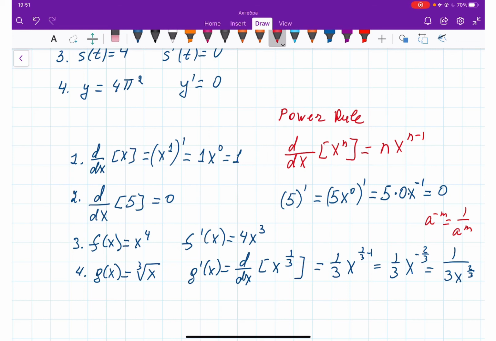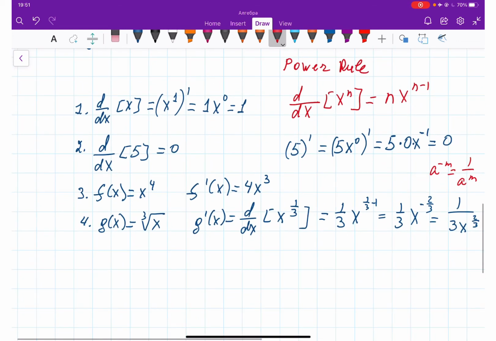Okay, and the last one, y is equal 1/x squared. So from here, the derivative dy by dx, I am writing down, instead of 1/x squared, x to power negative 2.